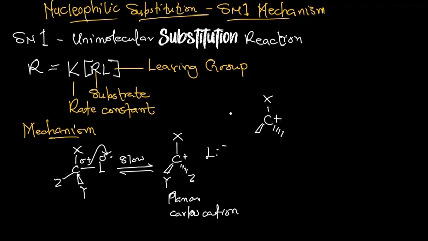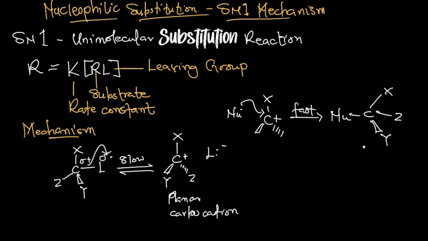Now we are going to have the nucleophile coming in from one side and attacking the carbocation, which is a very fast reaction. And we are going to have the products, the nucleophile attached to the carbon. But this time, the geometry or the shape is going to change. We are going to have the X towards this direction. We are going to have the Z. We are also going to have the Y here.